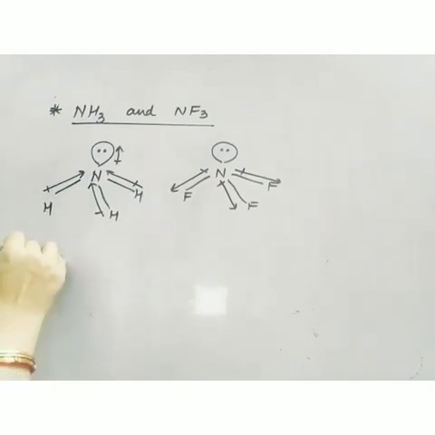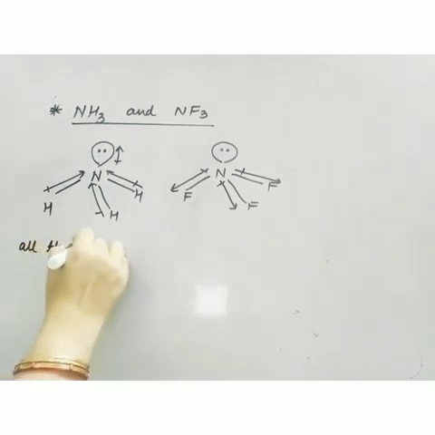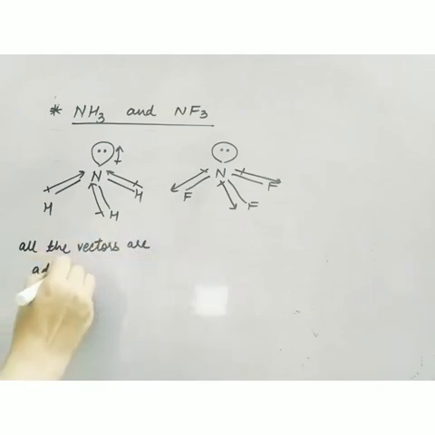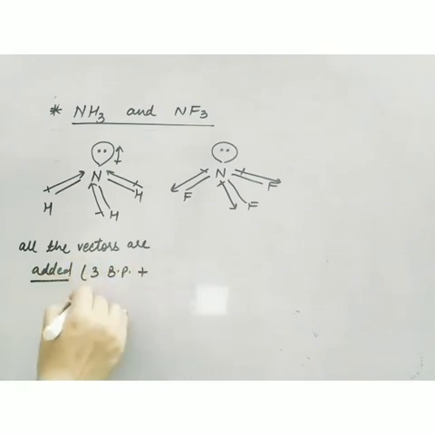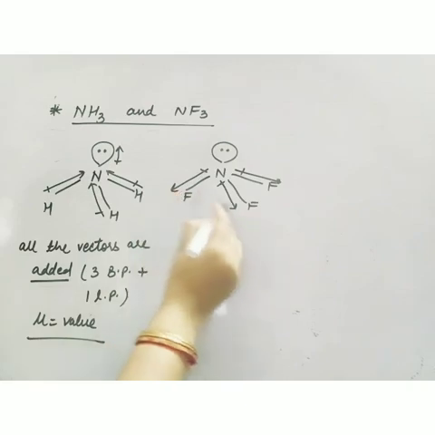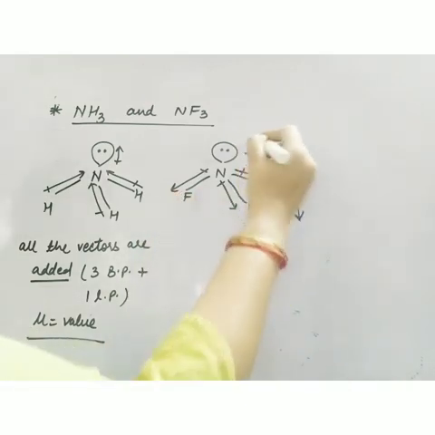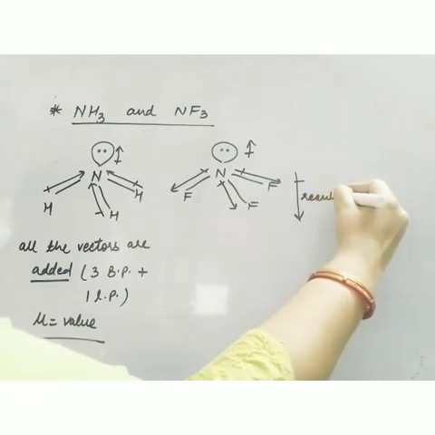Okay, so all the vectors are added. All the vectors are added means 3 bond pairs plus 1 lone pair. So resultant is having some value, means it is definitely having high polarity. Here these 3 vectors are down, so here resultant is down and lone pair is up. So this is the resultant.